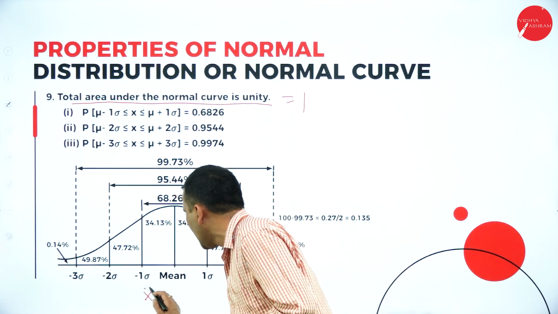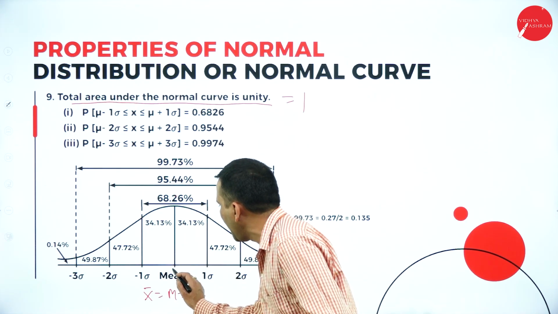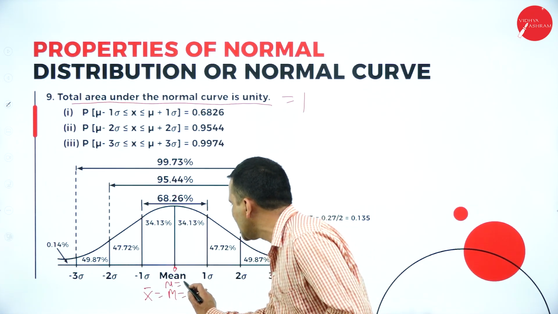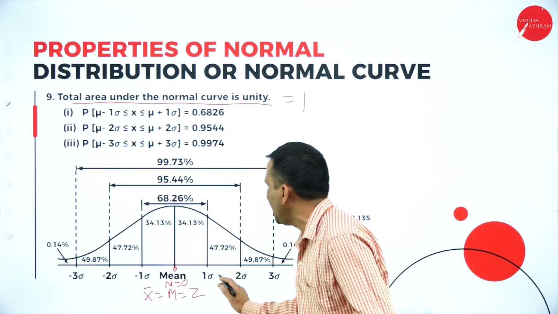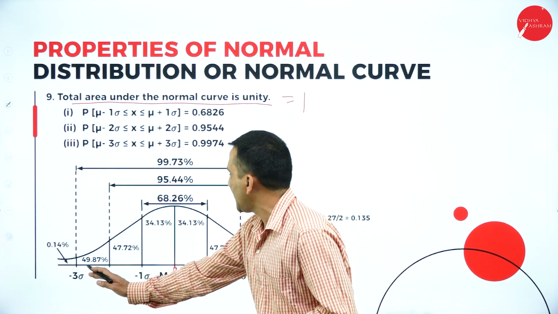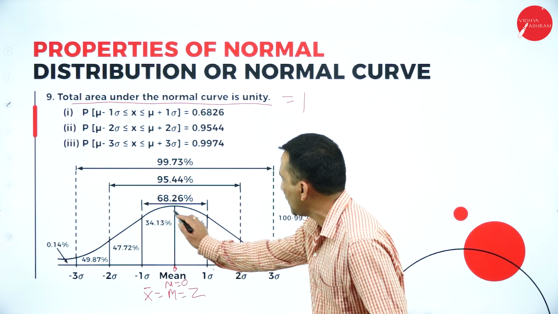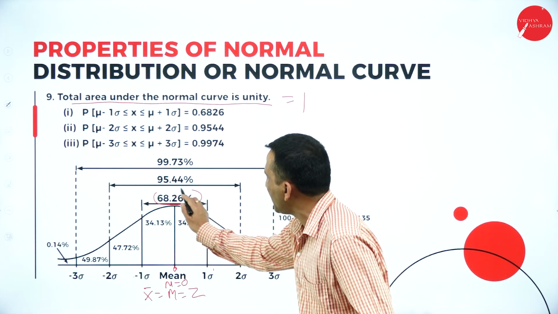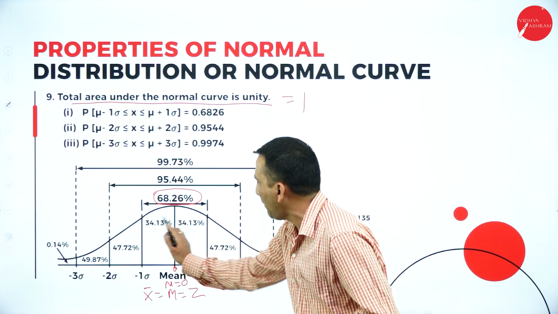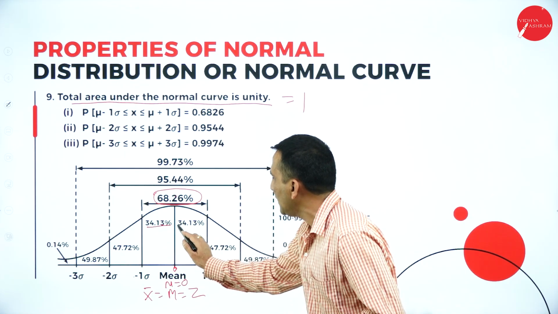In this case, x bar equals median equals mode at the central point, which is 0. When we write mu equal to 0, the standard deviation keeps increasing by 1 in the plus direction and the minus direction. From minus 1 to plus 1 standard deviation, the total area covered is 68.26%. Divided by 2, we get 34.13% on the left side and the right side.